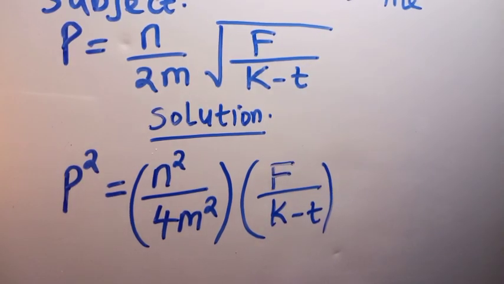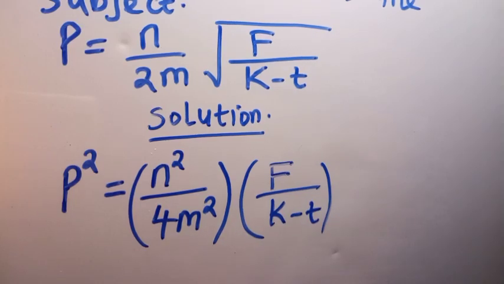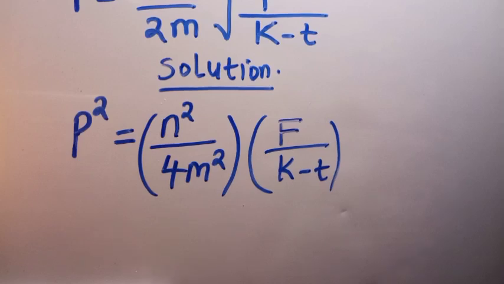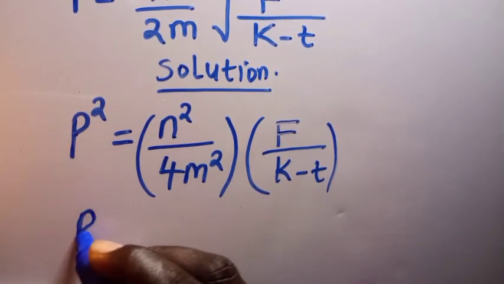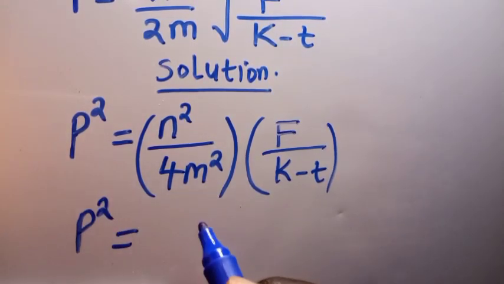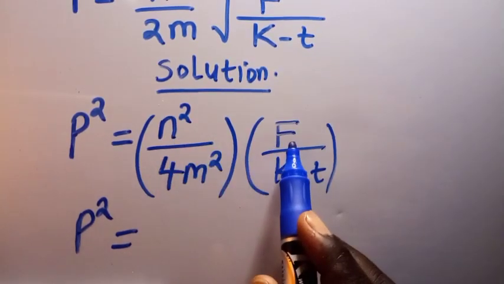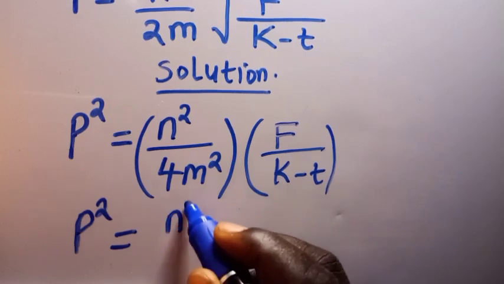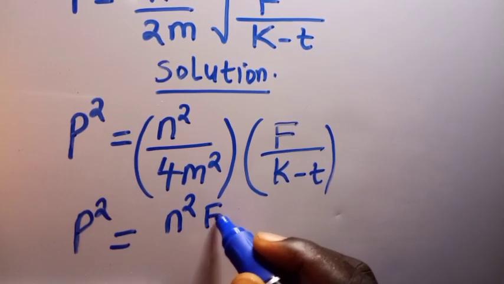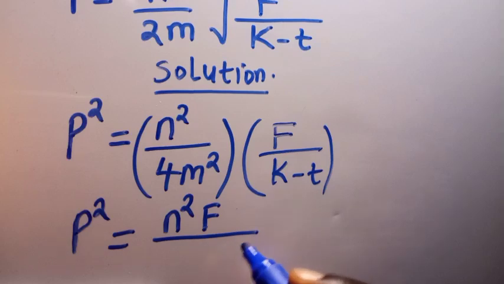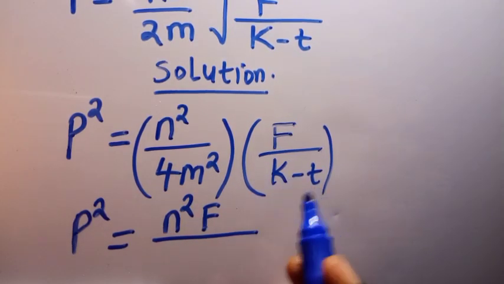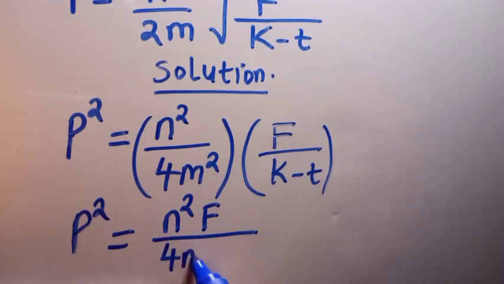Now at this point we shall expand this. And if we expand, we shall have p squared equals to, we shall multiply the numerator directly, n squared times f, it will be n squared f, then all over 4m squared times k, it will be 4m squared k.